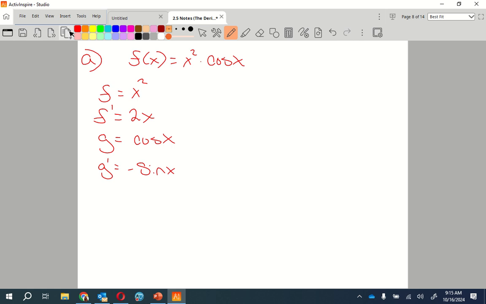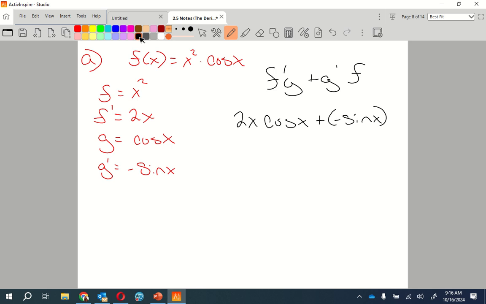Alright, so my product rule goes as such: f prime g plus g prime f. So f prime is going to give me 2x times g, which is cosine x, plus g prime, negative sine x, times f, which is x squared.